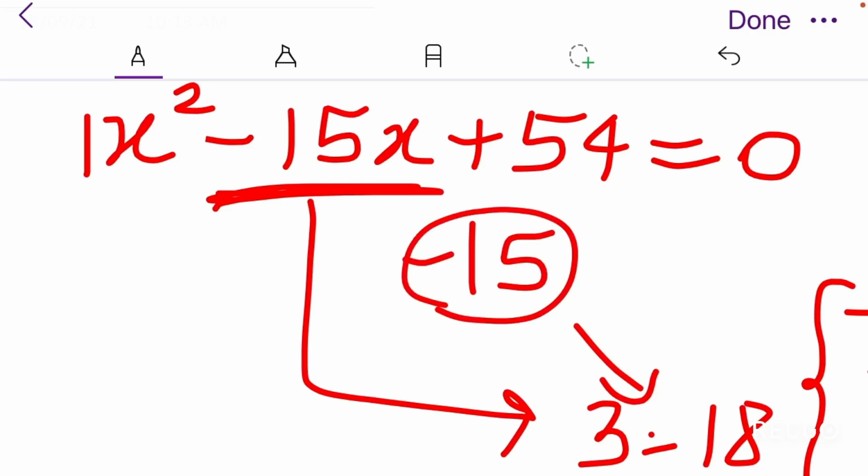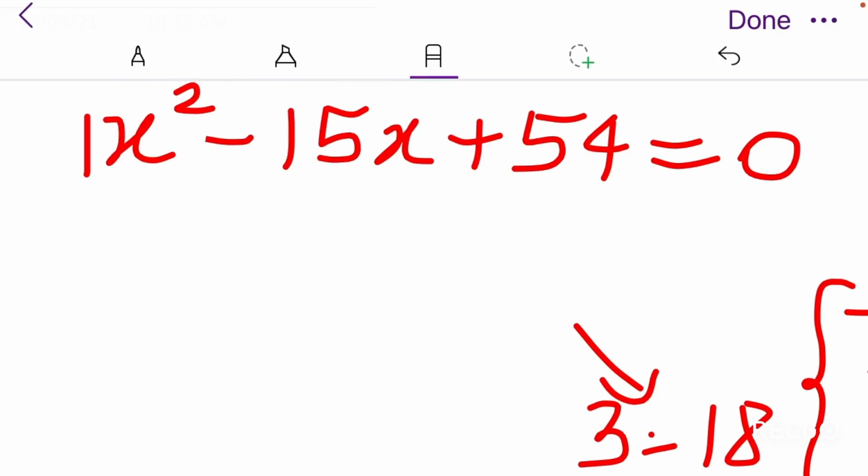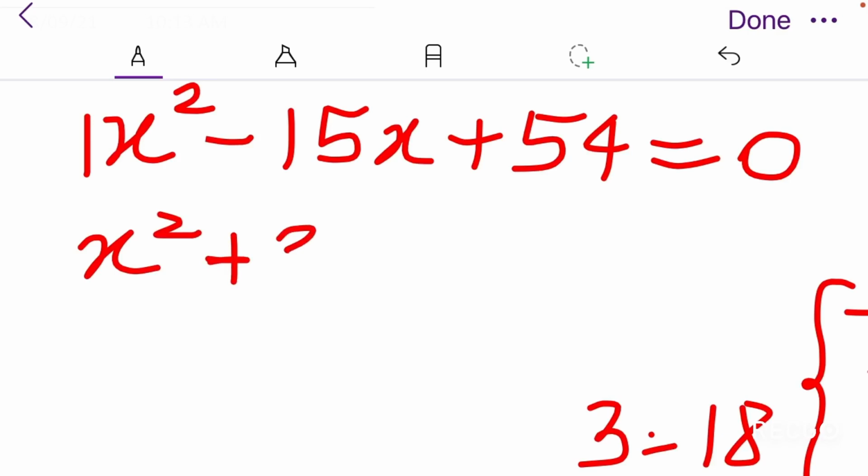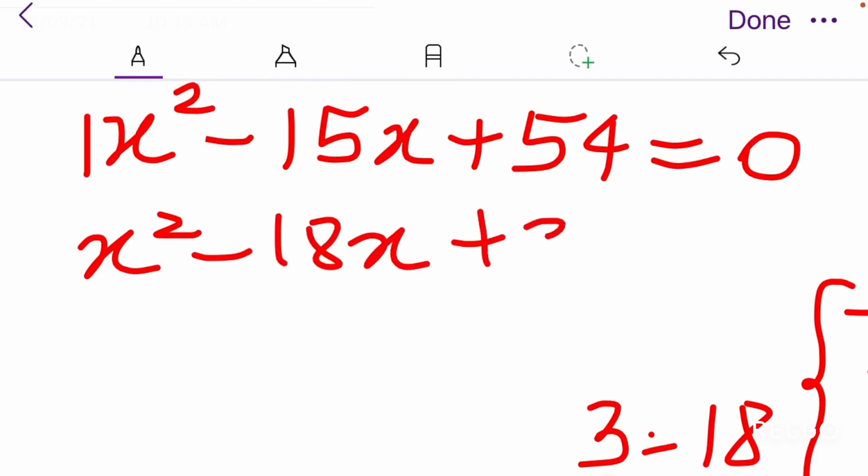So we just break minus 15x into 3x minus 18x. So I am writing over here x square, let us say we will take minus first, minus 18x plus 3x plus 54, which is equals to 0.